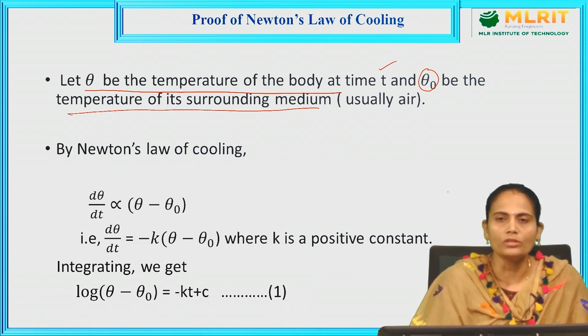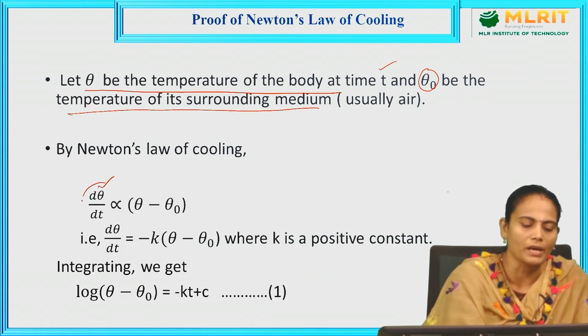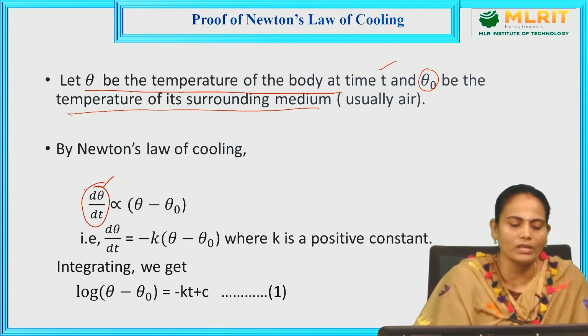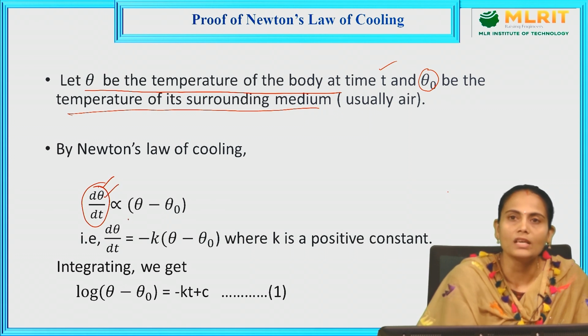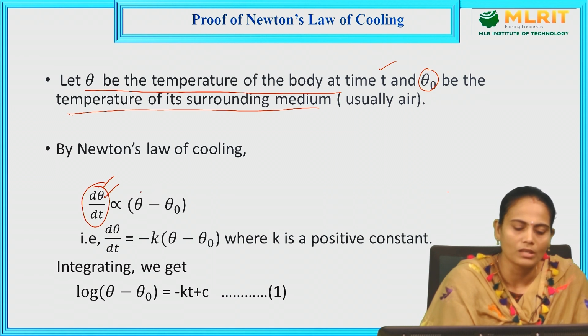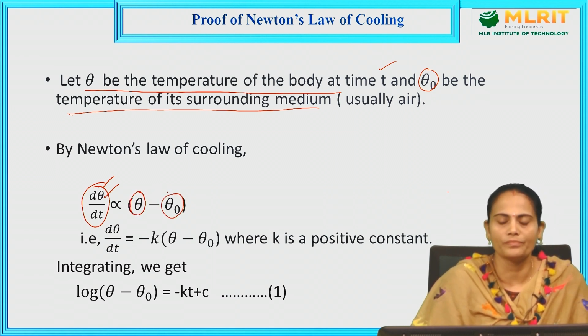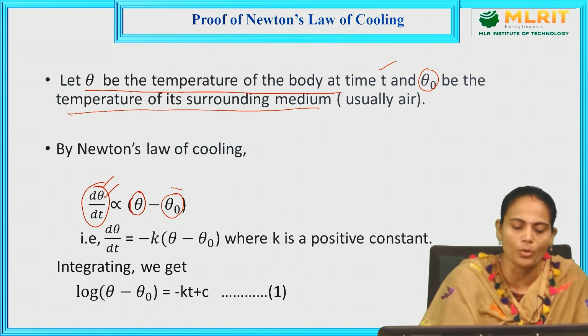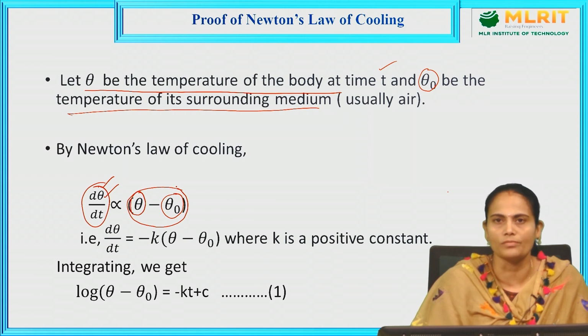According to the statement of Newton's law of cooling, the rate of change of temperature of a body, that is d theta by dt, is proportional to the difference between the temperature of the body and the surrounding medium, which is theta minus theta naught.